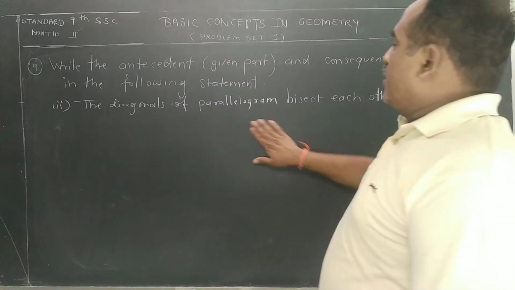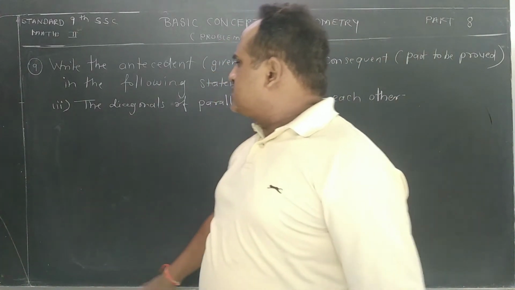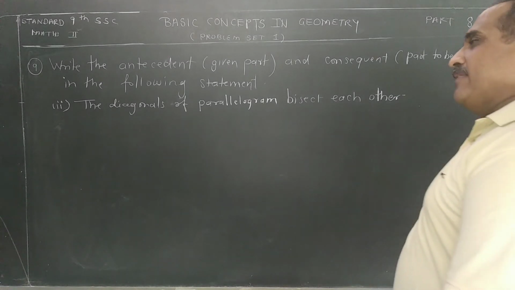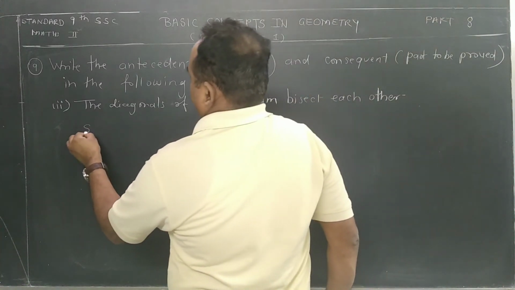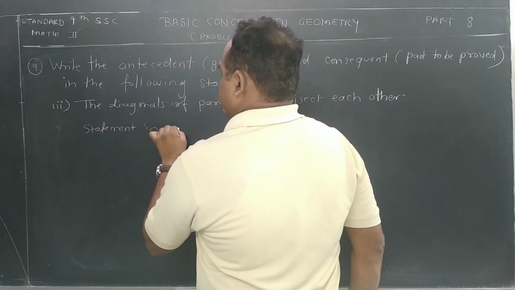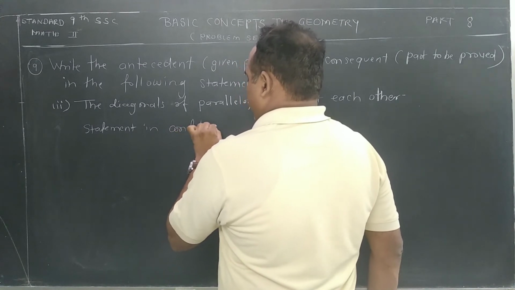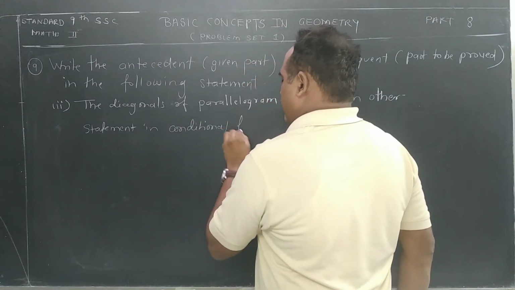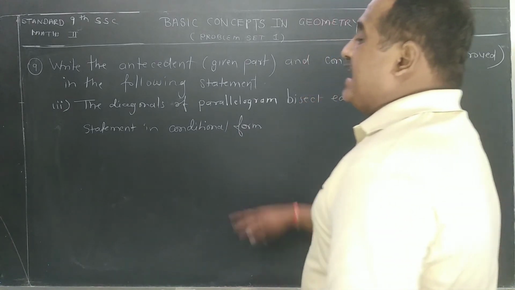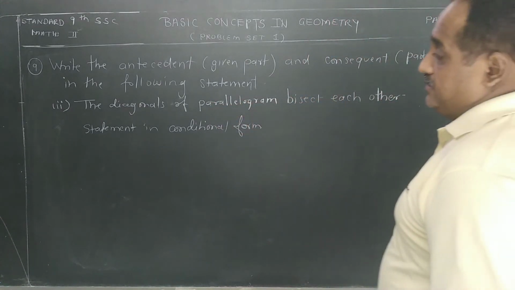The diagonals of a parallelogram bisect each other. If this type of question comes, it is a little bit difficult to give the antecedent and consequent. So you do one thing: write the statement in conditional form. The diagonals of a parallelogram bisect each other.